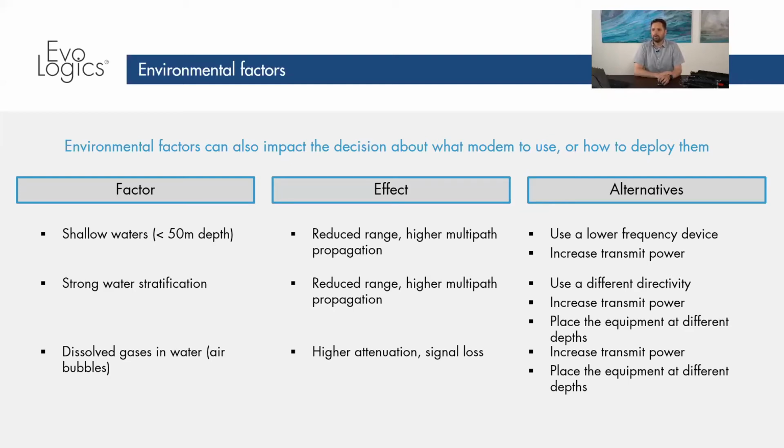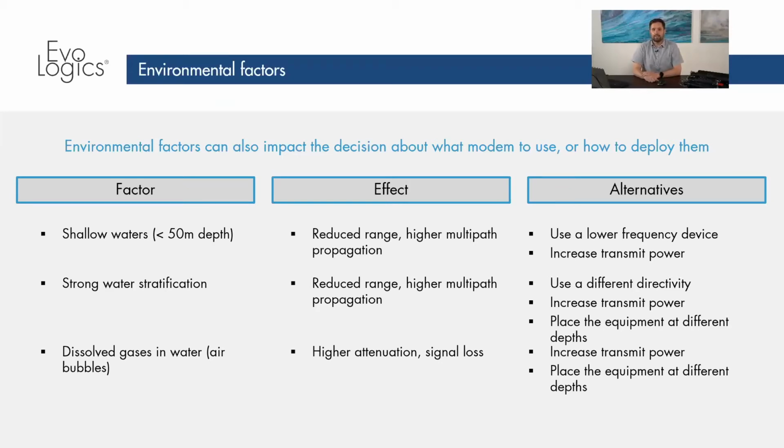In particular, if you're doing vertical transmissions, you can select a directional beam, and this will increase the effectivity. You can increase the transmit power, or sometimes very simply, you can try placing the equipment at a different water depth. So the surface unit, simply by placing it 2 or 3 meters lower than you were operating, suddenly you are below this strong stratification layer, and then your performance can increase dramatically.